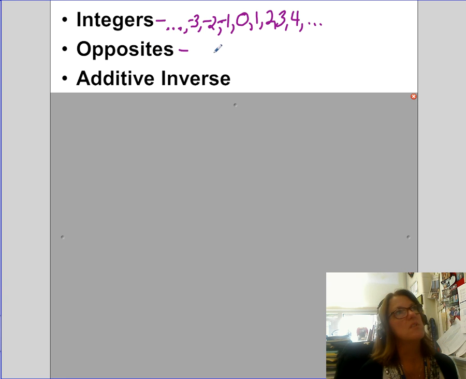Well, this would simply be the same number value, the same, and I'm going to put this in quotes now because we haven't really talked about absolute value yet. So the same number, but with the different sign. I'm just going to kind of abbreviate it that way.